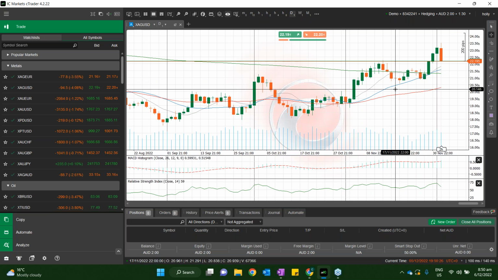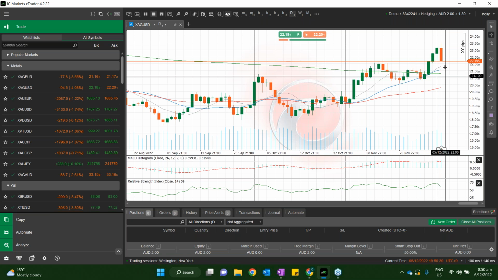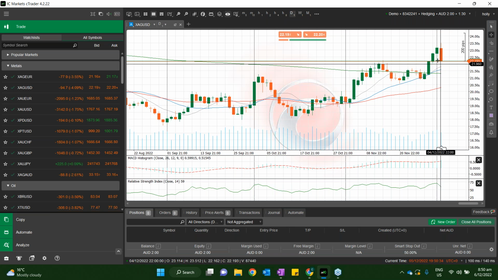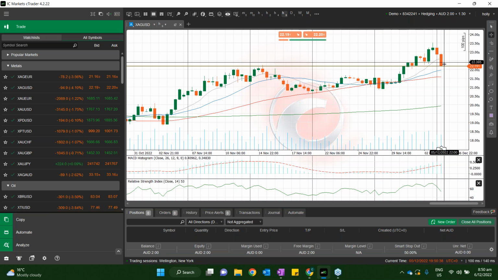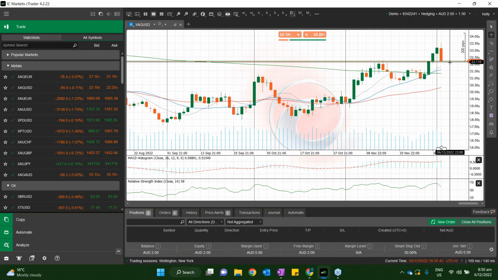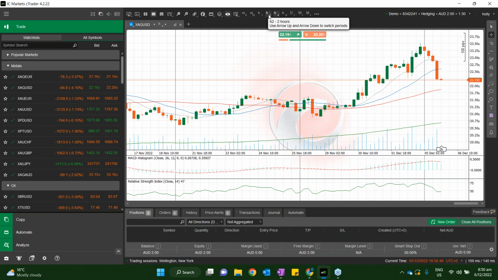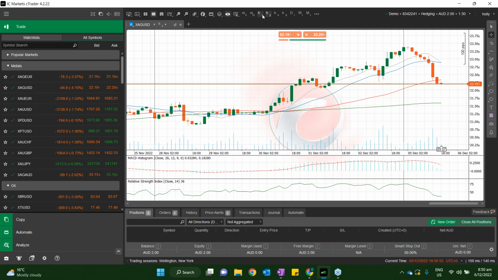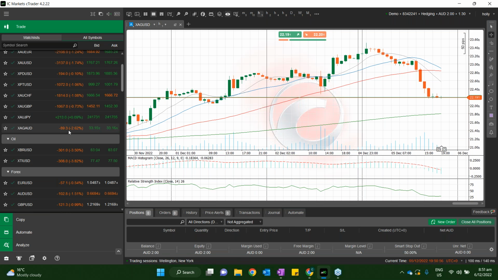On the daily you are too. You're pulling back. You've got moving averages starting to fan out nicely now, but you're still pulling back. If it turns around here, then I guess it would be in line with the daily. But as we look down, you're going to see that it's in a downtrend. So we're too mixed across the time frames.